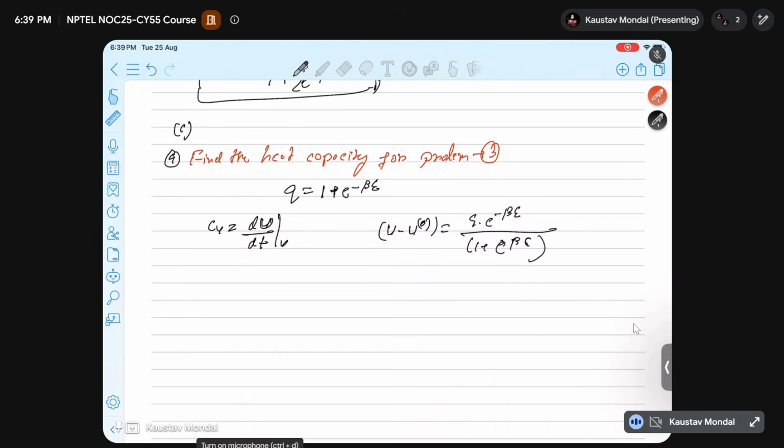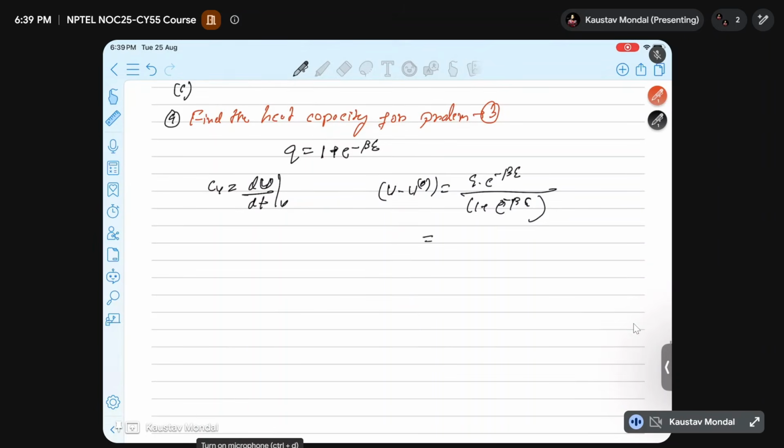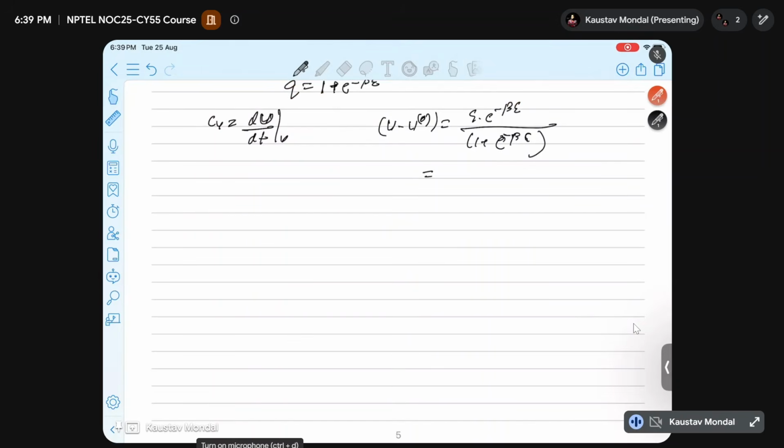Now we can write this expression in a simpler way. We can multiply e to the power plus beta E on numerator and denominator both sides. Then you will get U minus U0 equal to E divided by e to the power beta E plus 1. Now if you substitute this here, you will get CV equal to dU by dT.